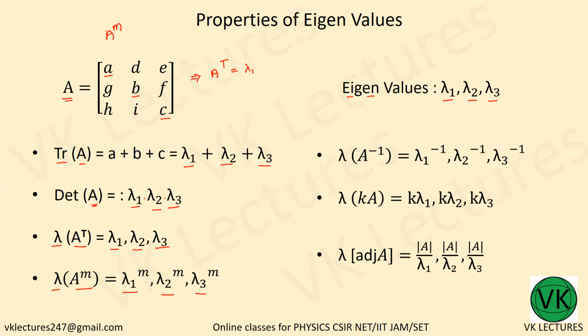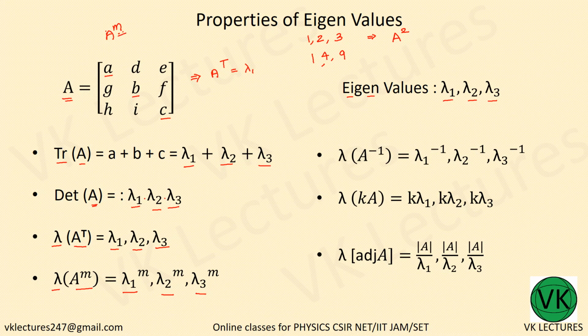For example, if the eigenvalues of this matrix are 1, 2 and 3, and I want to find the eigenvalues of A squared, then they will change to 1 squared, 1, 2 squared, 4, and 3 squared, 9. This is how the lambda value will change when you multiply the matrix with itself, for any value of m.